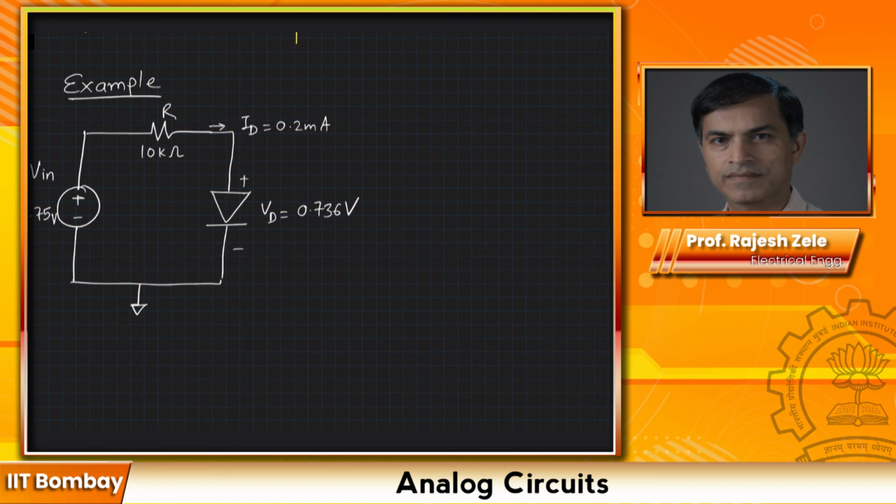Let's say that V in is equal to 2.75 volts plus 100 millivolts peak. This is like a ripple or AC quantity. Now our job is to calculate how much of that ripple, which is your delta V in, will show up across the diode.